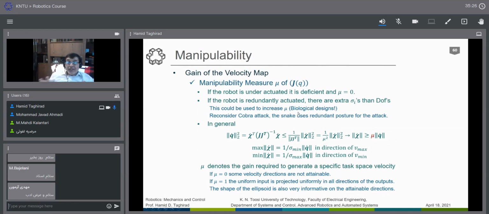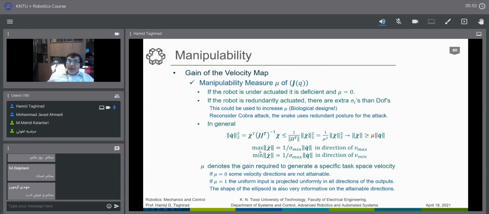And how can we say that it is fast, in terms of numbers? We can consider the singular values of this Jacobian matrix. In short, if you don't want to go through the detail, this is very important, please highlight that.